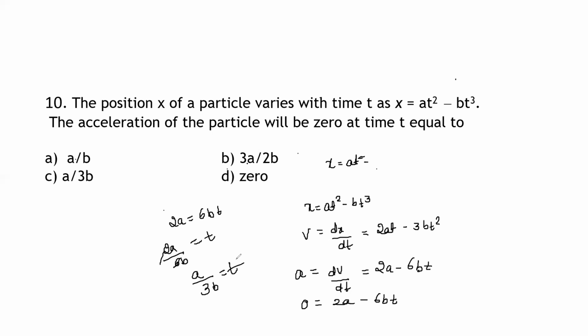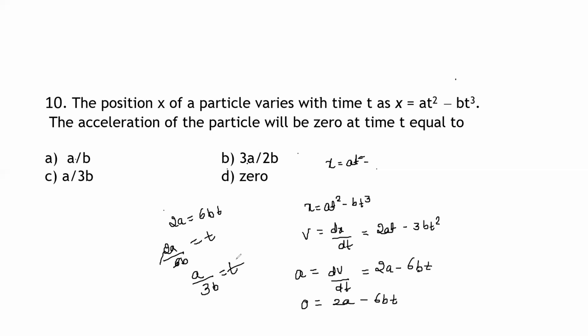So students, what we did here, we have calculated the acceleration. So the question is what? The position x of a particle varies with time t as x is equal to at square minus bt cube. The acceleration of the particle will be 0, means a is equal to 0. So what is the expression for time? They have given displacement x. So differentiate, you will get velocity.